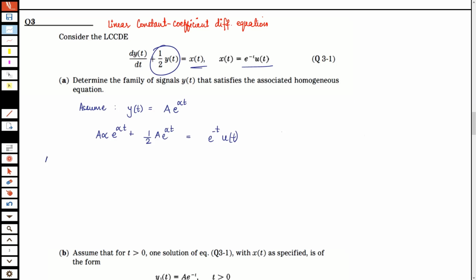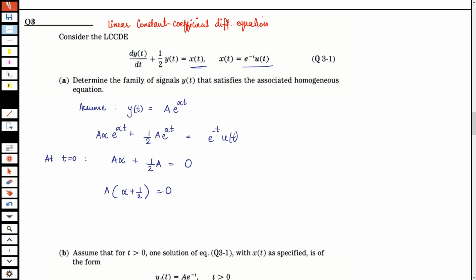So at t equal to 0, plugging in t equal to 0 everywhere, we would have got A alpha into 1 plus half A is equal to 0.